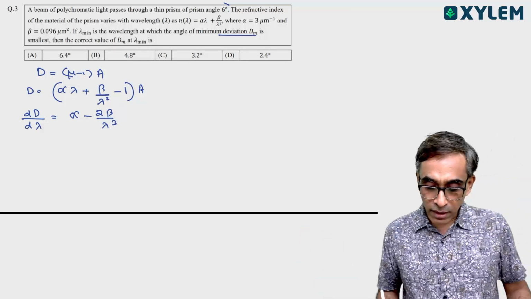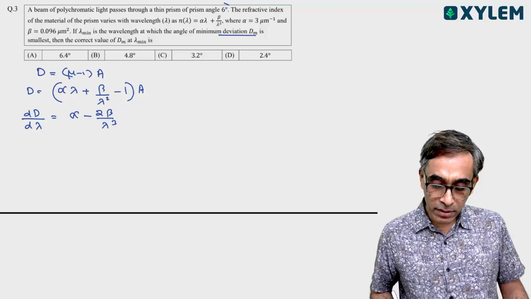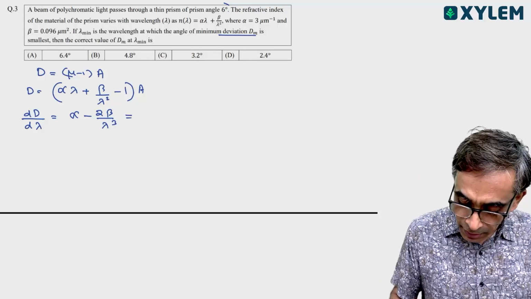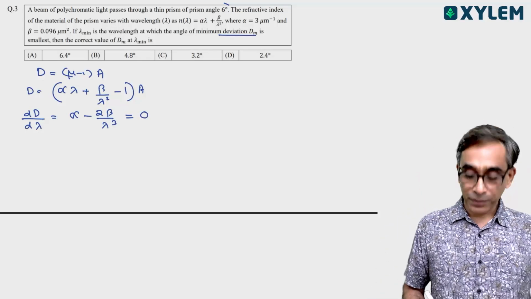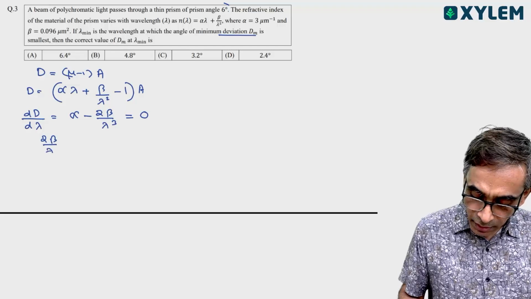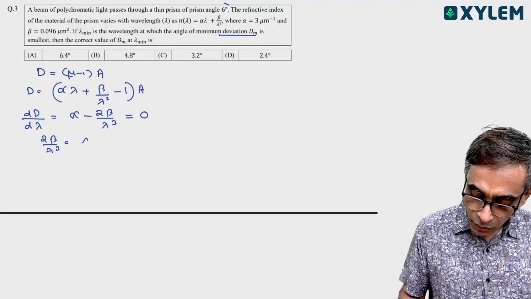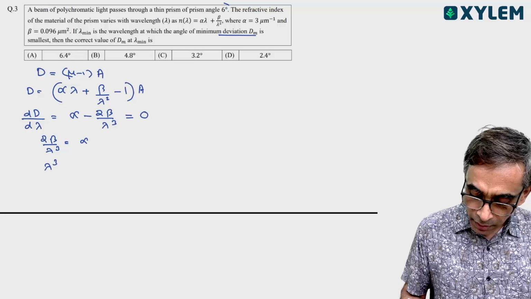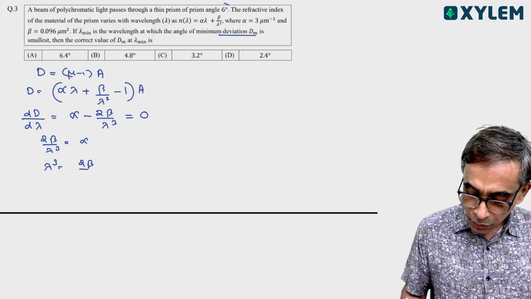Rest are constants. And for the minimum condition, this should be equal to 0. From this, I get 2 beta by lambda cube equal to alpha, or lambda cube equal to 2 beta by alpha.